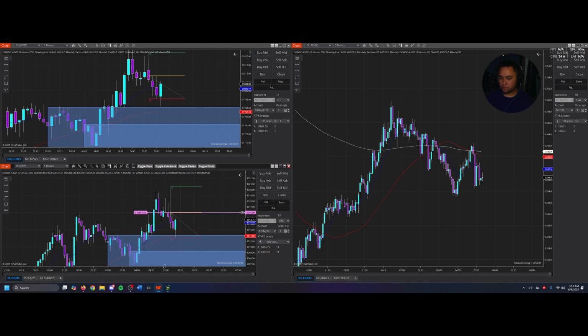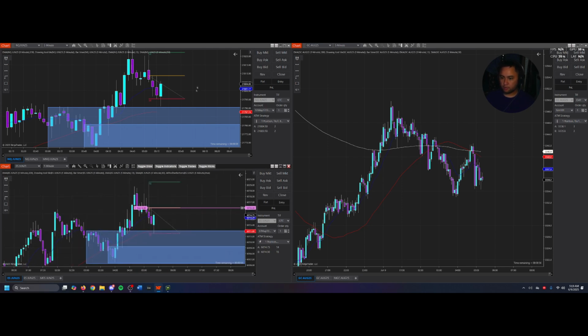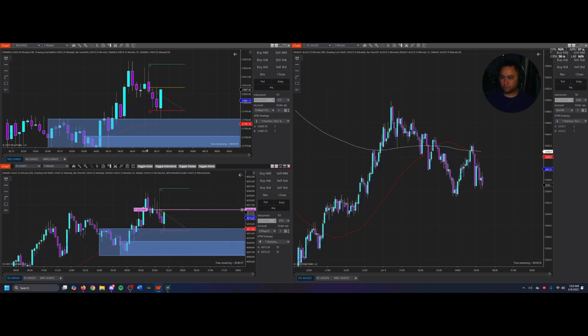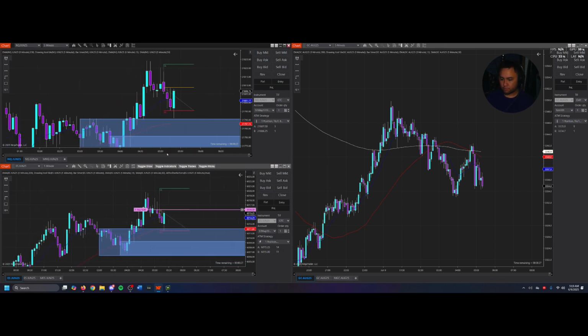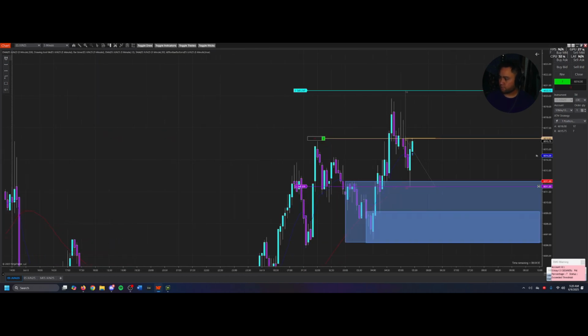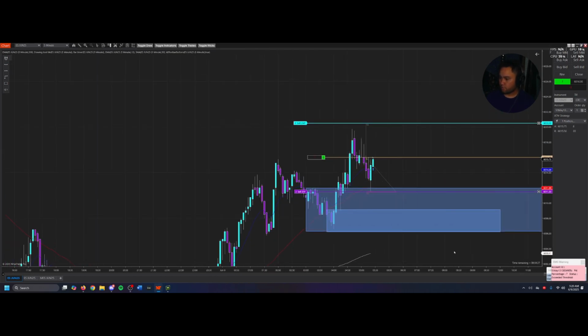Tapping into a 1 hour demand zone, so it looks pretty good. Order filled. All right, we are in this trade on ES.